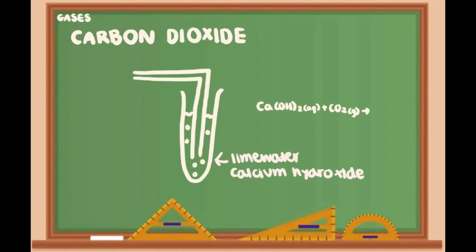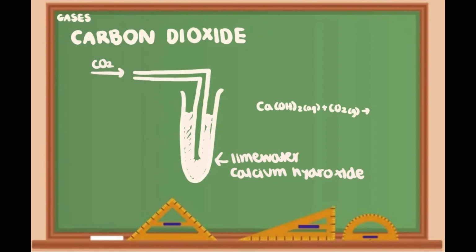So what we're going to do is, in through here, we're going to put our mystery gas or our CO2, but we're not sure if it's CO2 yet. So what's going to happen is in this solution a white precipitate is going to form, and that's going to make the solution cloudy, or milky, or chalky, but it's just not going to be clear anymore as a white precipitate is formed.